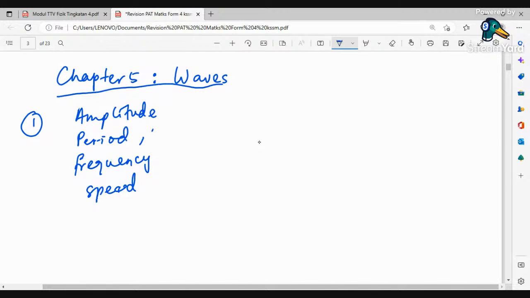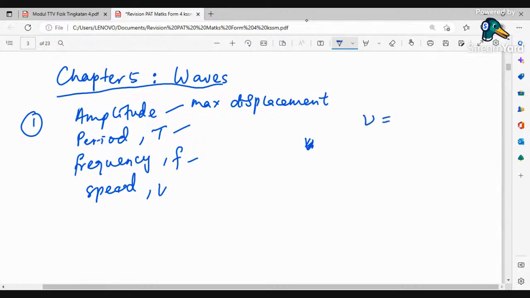There's some formula. Amplitude is the maximum displacement from the equilibrium point. Period is the time taken for one complete oscillation. Frequency is the number of complete oscillations in 1 second. Speed is the distance traveled per unit time.